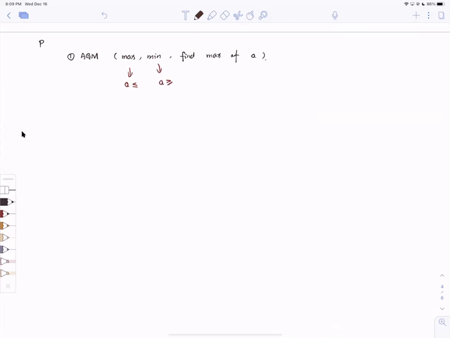Part A, number 2, triangle inequality. If it's a multiple choice question, what's the best way to do it if they give you triangle inequality?